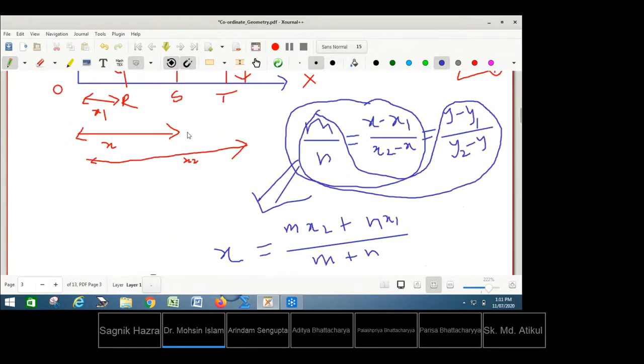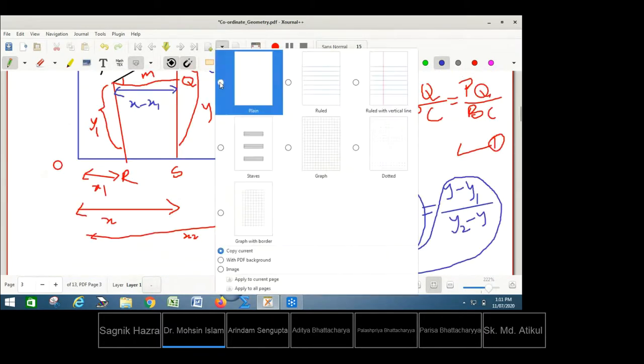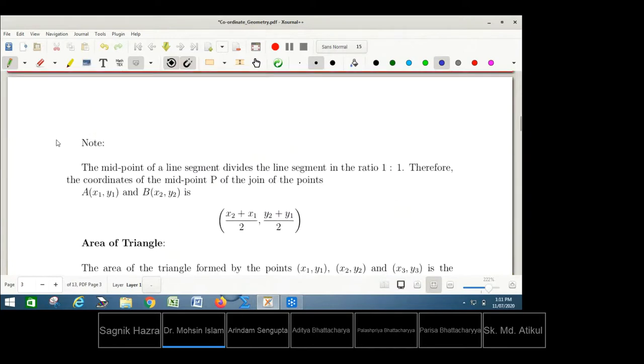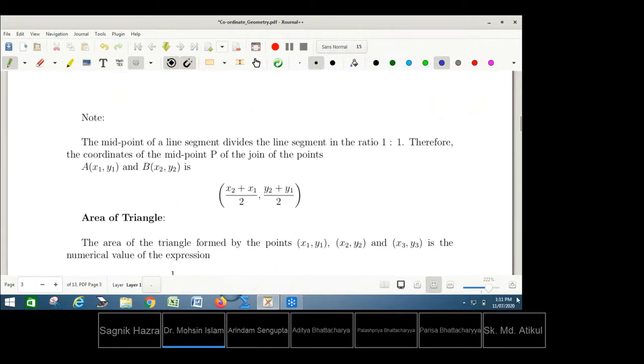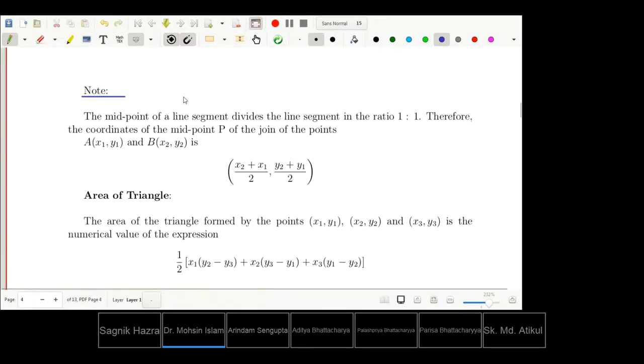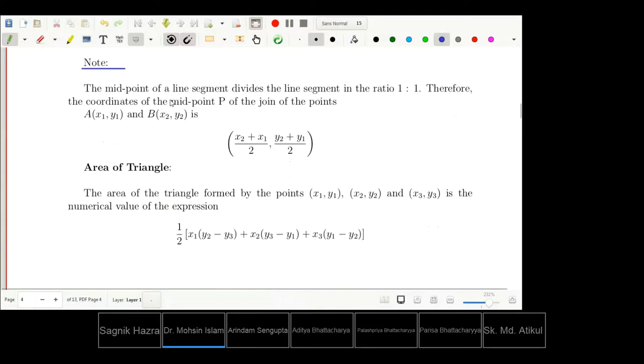And one more thing I want to share with you. Yeah, that is there in the note. Look at that. Let me increase it if you can't see. Okay, look at that. If it is a 1:1 ratio, that means the point is the midpoint.